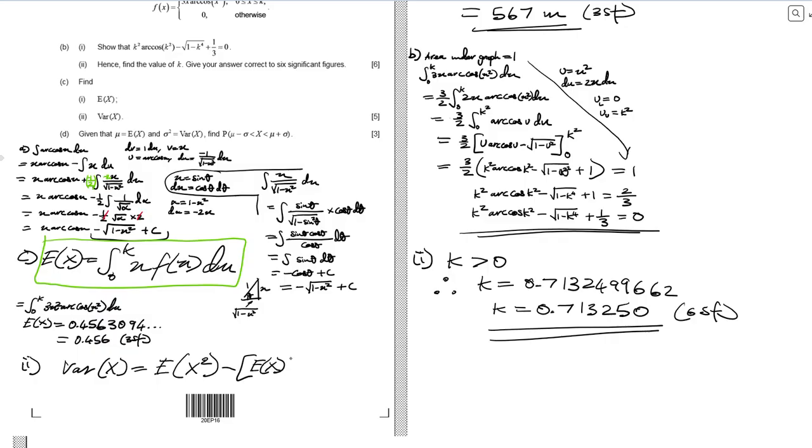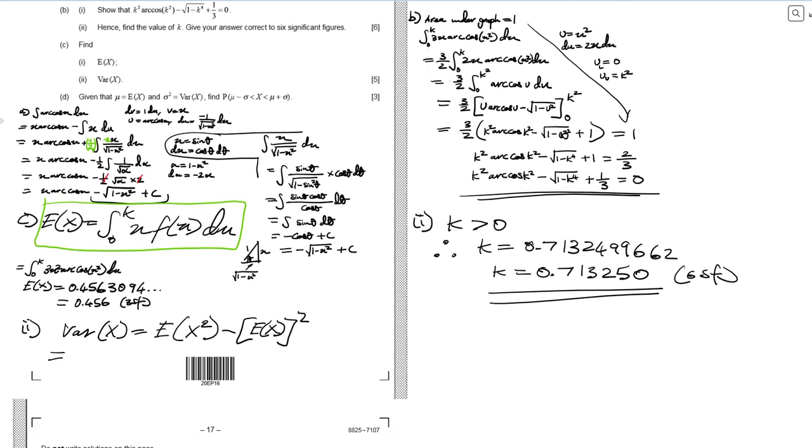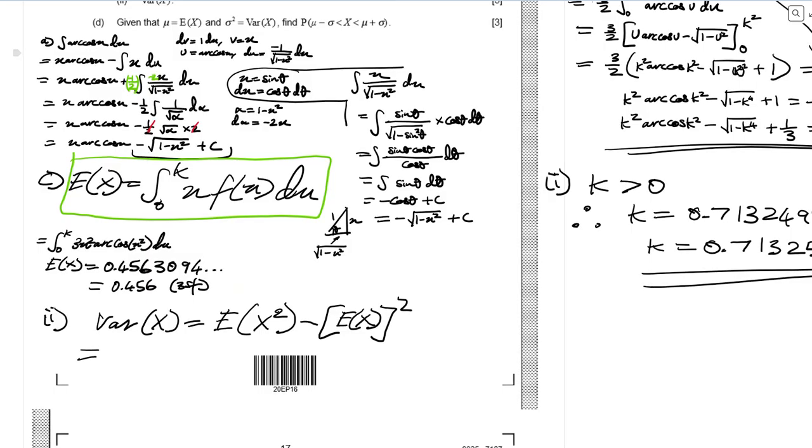e x whole squared, and that is, now to find, so this is just the square of the value we just found, and to find this, which is the average of the squares, not the square of the average, what we need to do is, instead of multiplying it by x, we need to multiply it by x squared.